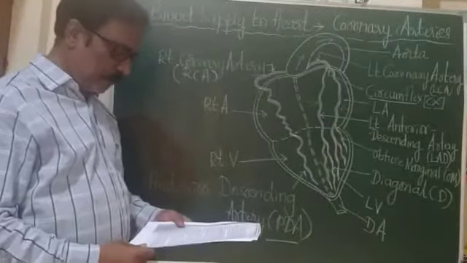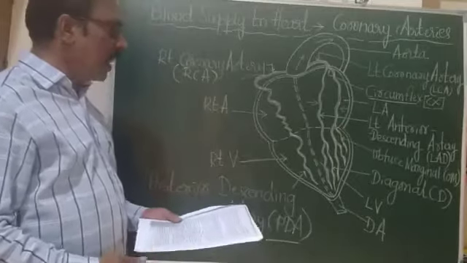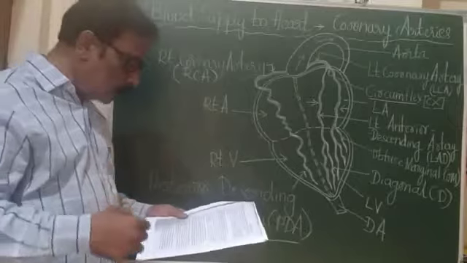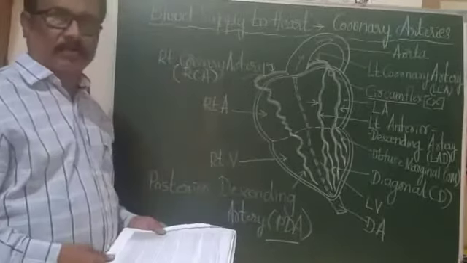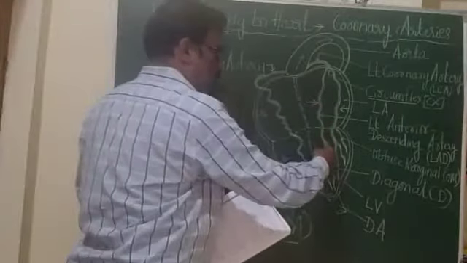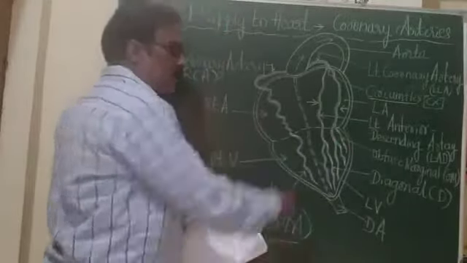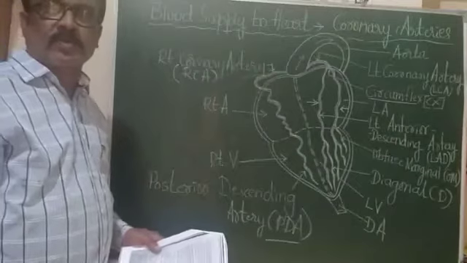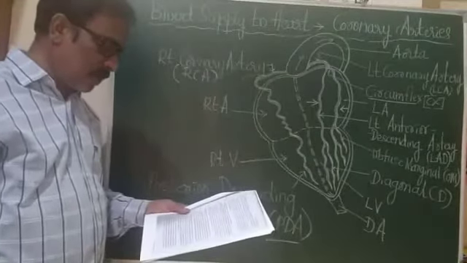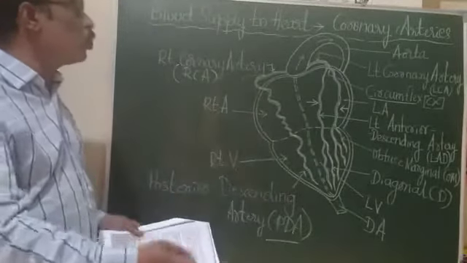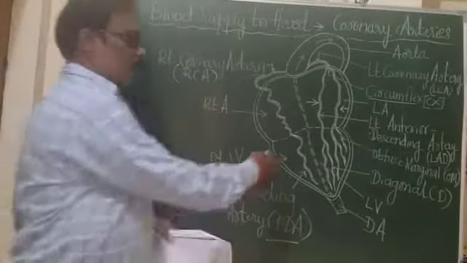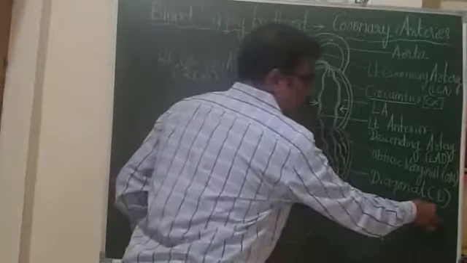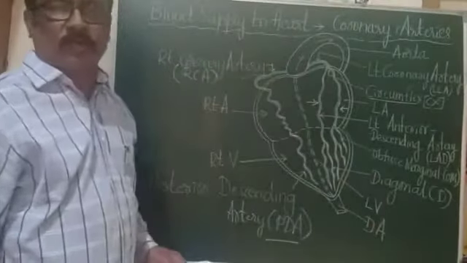One of the branches descends down along the front of the heart, and this branch is called the left anterior descending artery. In the diagram I have shown, it gives rise to one or more branches, and those branches are called diagonals.